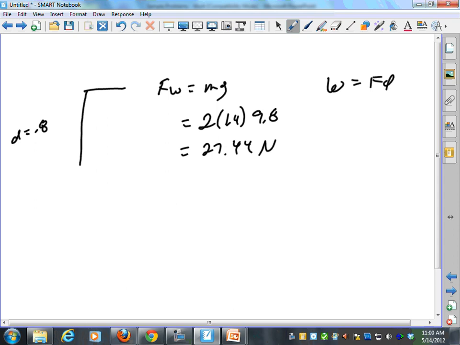Now W equals F d. Distance 0.8, and you could probably do this all in one step if you want. That's not a lot of work.